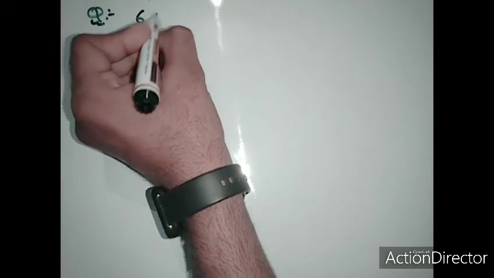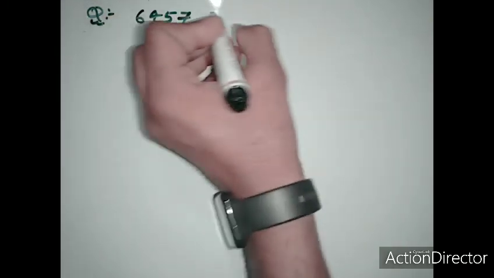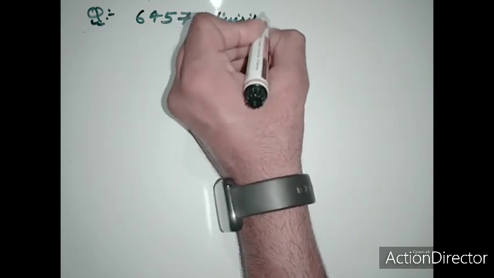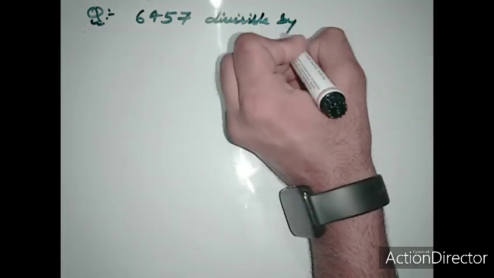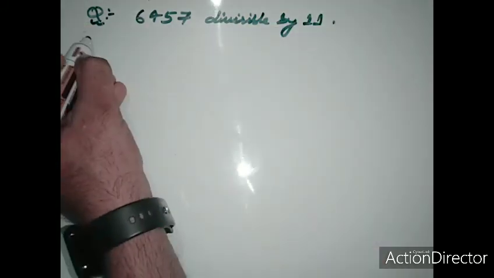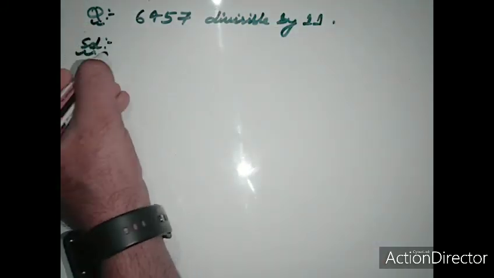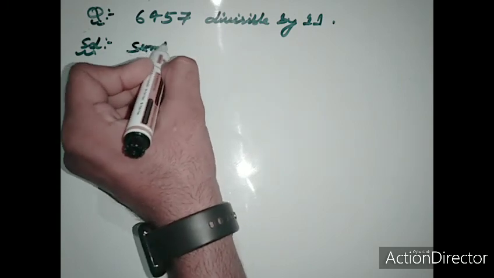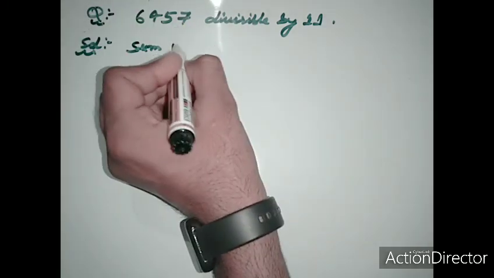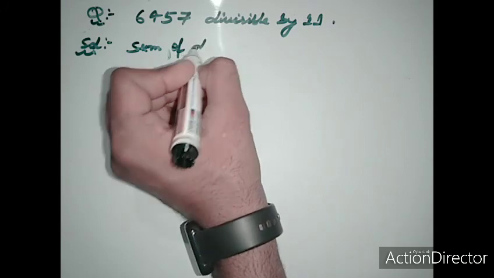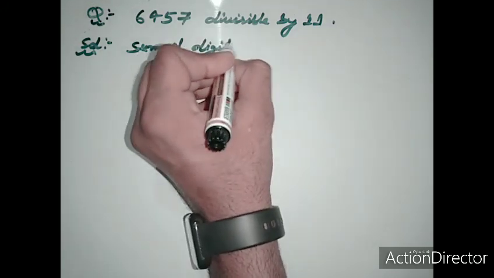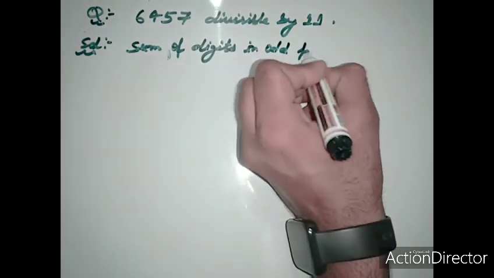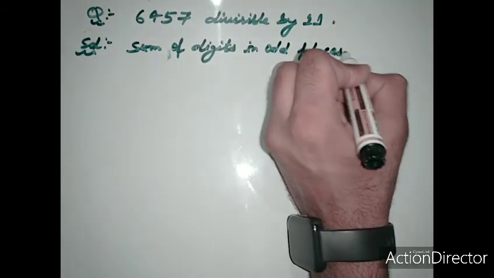So if we write 6 4 5 7, divisible by 11, here we check whether this number is divisible by 11 or not. So here we add the sum of digits in odd places.